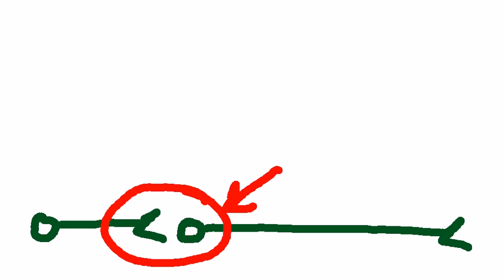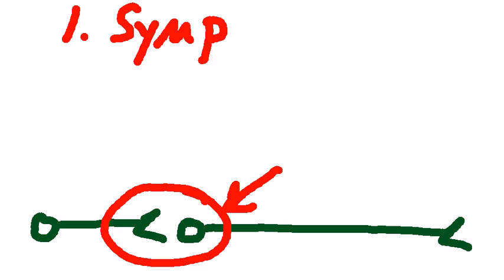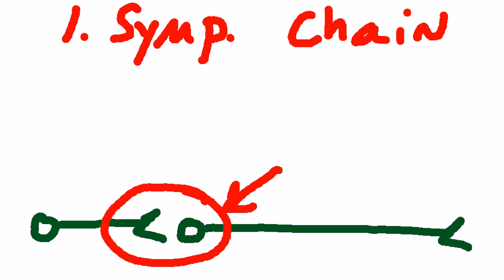The first place where we can find sympathetic ganglia is called the sympathetic chain, which is a column of many, many paired ganglia, meaning on both sides of the body, and these contain the synapses between the pre- and post-ganglionic sympathetic neurons.